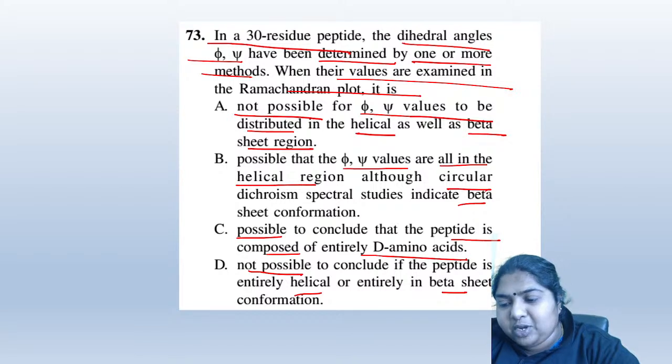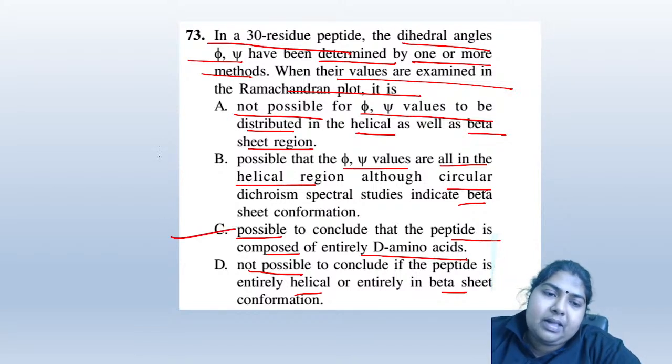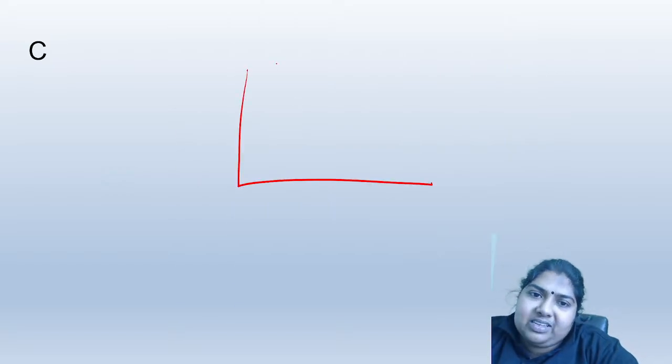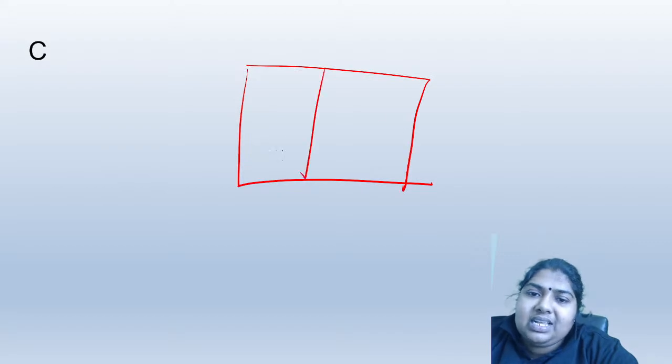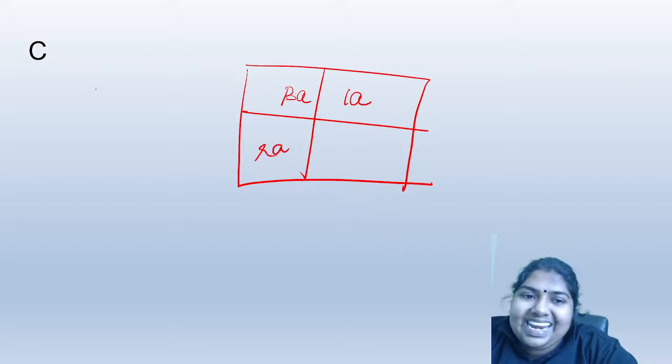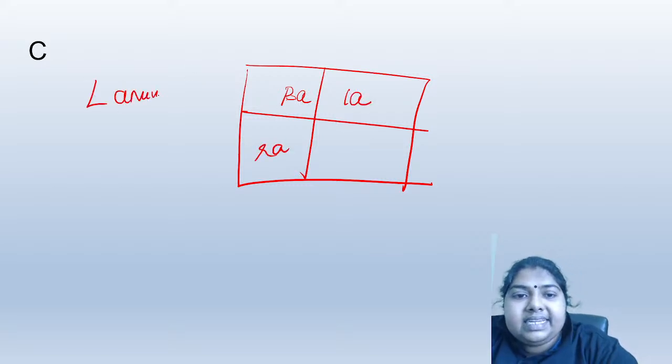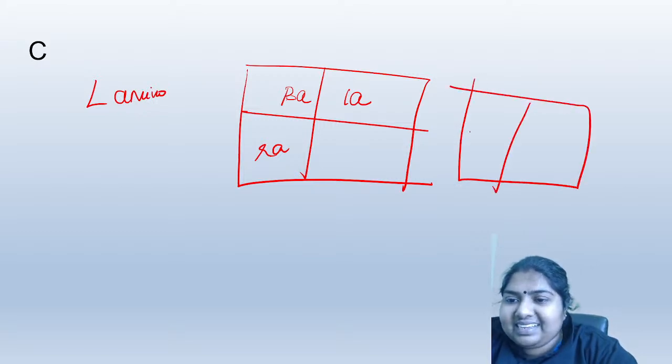What about your D amino acids? Yes, Ramprabha. So D amino acids are like a mirror. You can make it just opposite. In your normal condition, this is going to be Ba, this is going to be La and then Ra. This is for your L amino acid. D amino acid is exactly just the opposite.